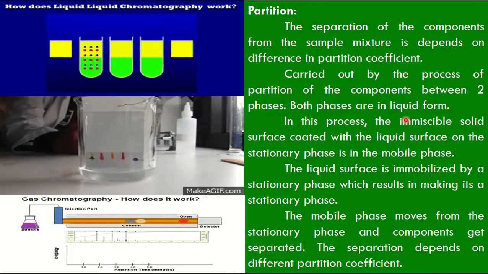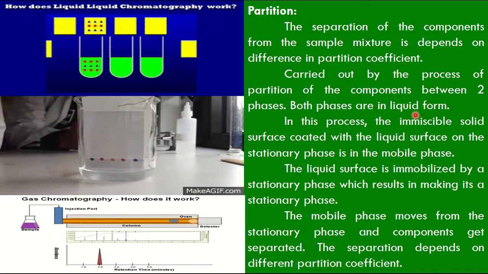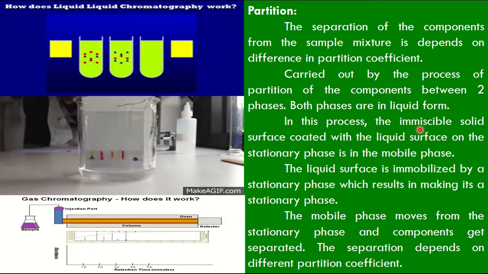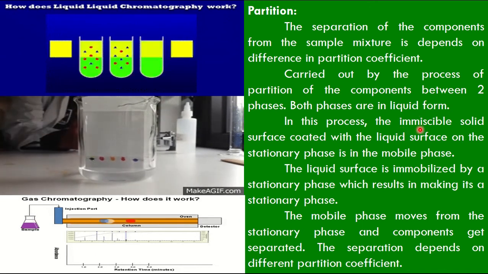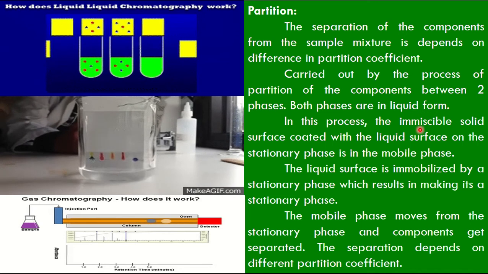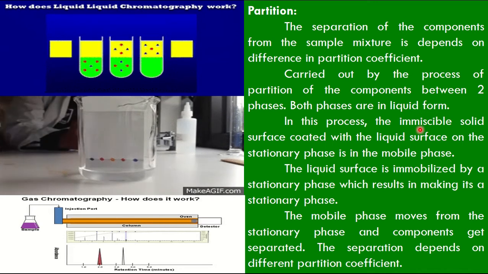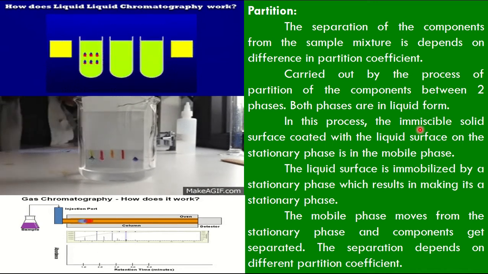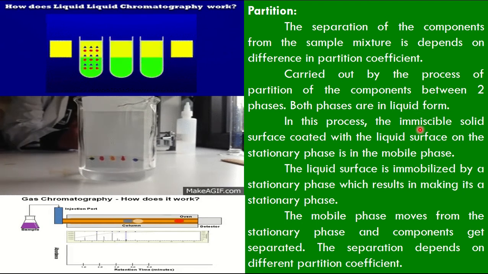If the substance which we have taken for the separation is dissolved between two immiscible liquids, the distribution of the particle between the two immiscible liquids can be estimated through the partition coefficient.